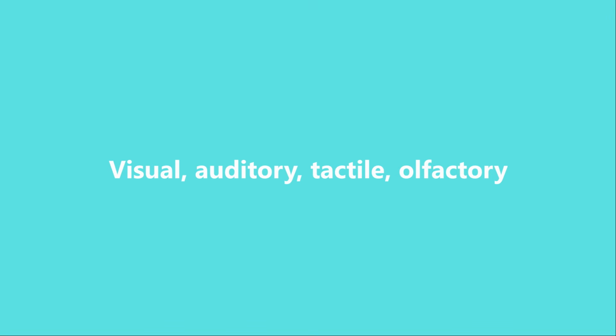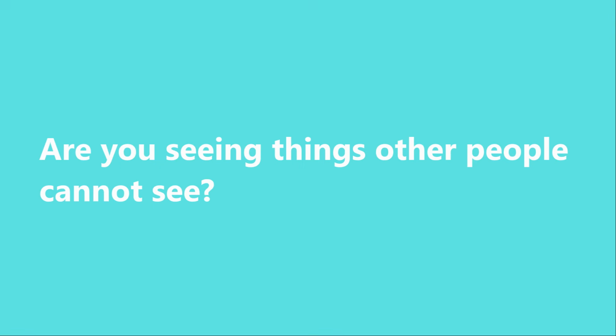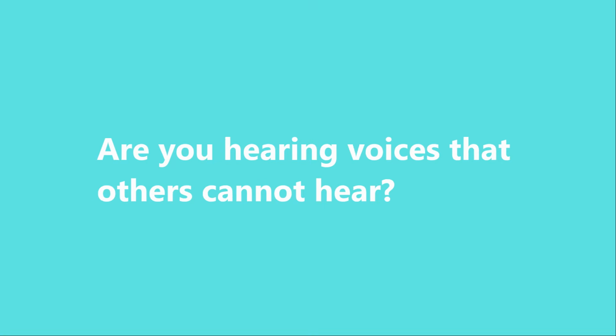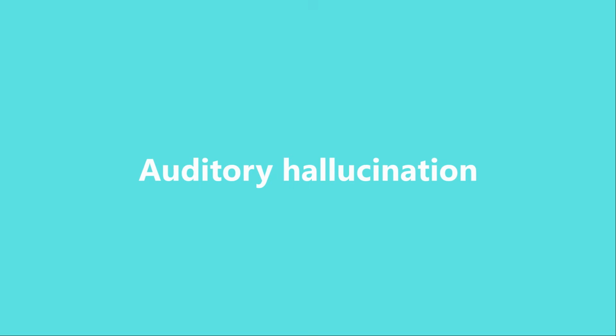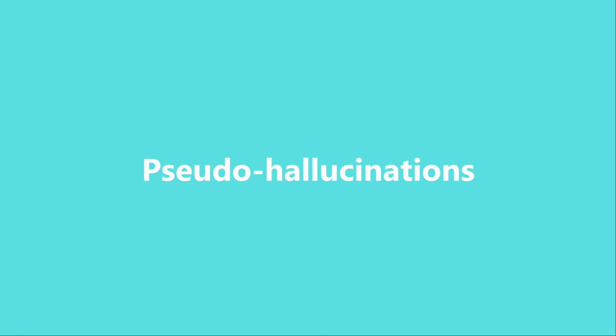You could ask patients whether they are seeing things other people cannot see, or whether they are hearing voices that other people cannot hear. With auditory hallucination, it's important to ask whether the person is speaking in first person, second person, or third person. Auditory hallucinations usually present in third person. This is where a patient might experience that somebody is commenting on what they are doing.